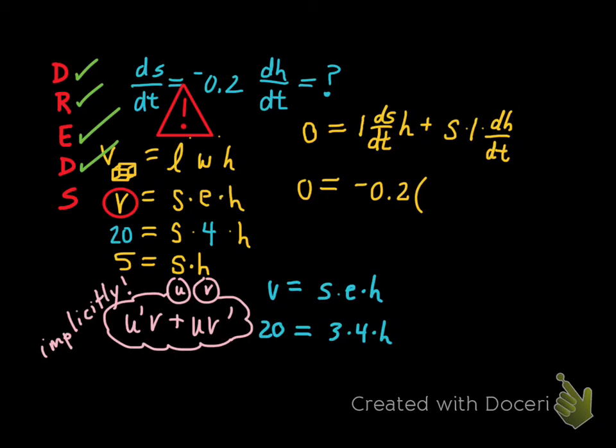Further, we're told the side wall is 3. The side wall has decreased to an exposure of 3, while the end wall is a constant 4, sorry. All right, and then times h.